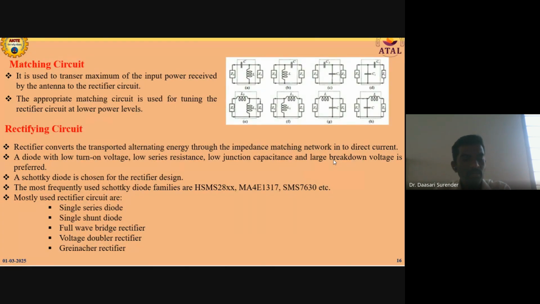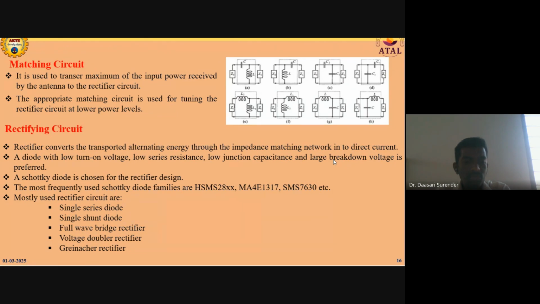Here the diode plays an important role, and the selection of the diode is important for designing the rectifying circuit. For an RF rectifier circuit, we basically use a Schottky diode for conversion of the received signal from the matching network.